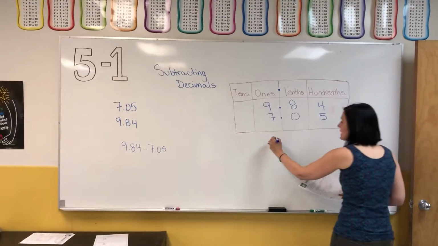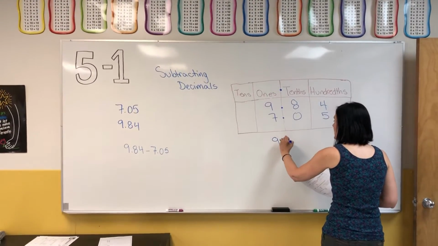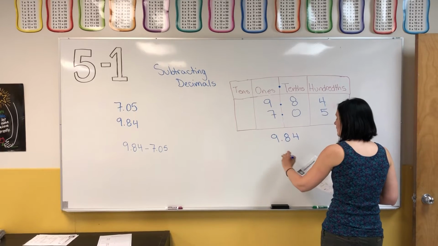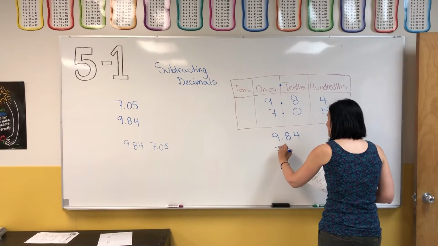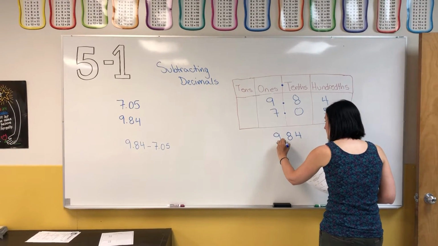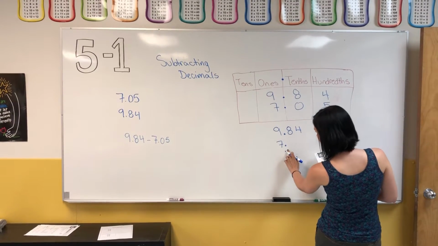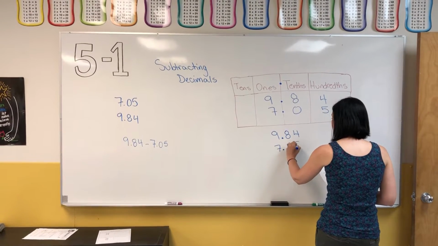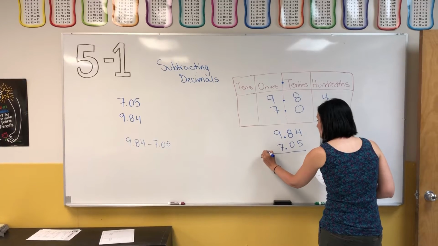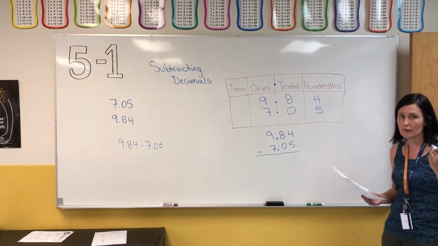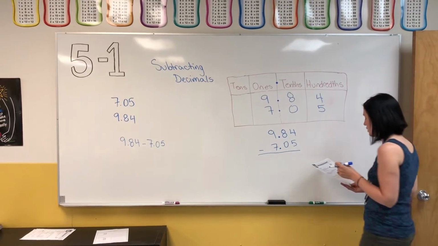So this is how we're gonna set up our question. 9.84 minus 7.05. Okay, am I lining up my decimals? Pretty good. And then I always like to put a little subtraction sign there so I don't get confused. I remember I'm doing subtraction.